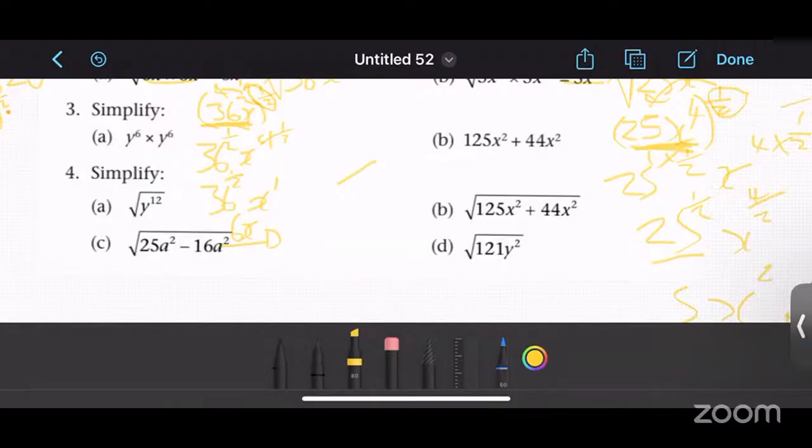Let's look at B. For B, we have 125x to the power of 2 plus 44x to the power of 2. Langelise.